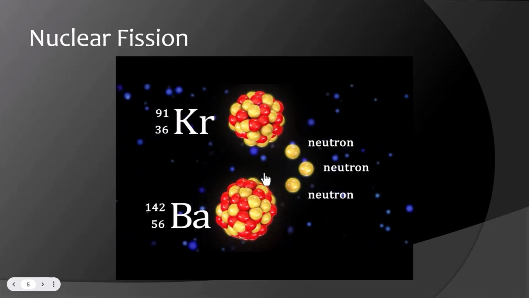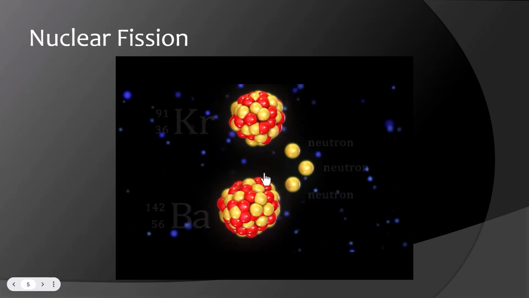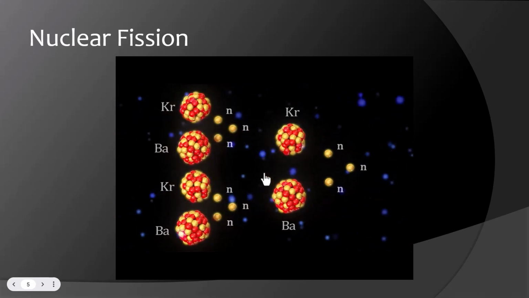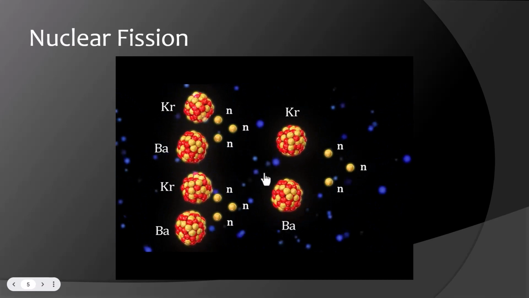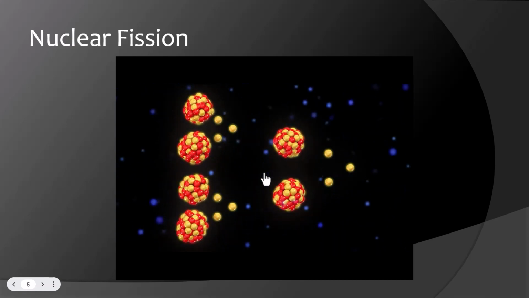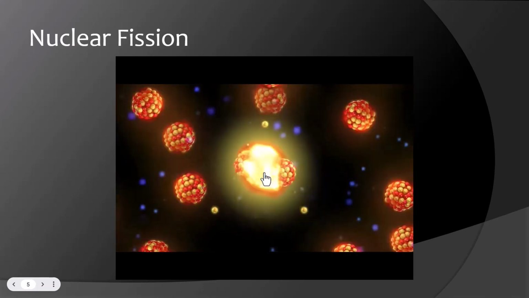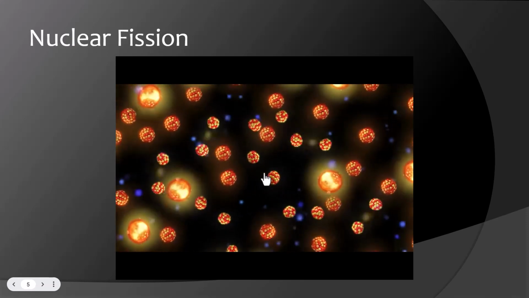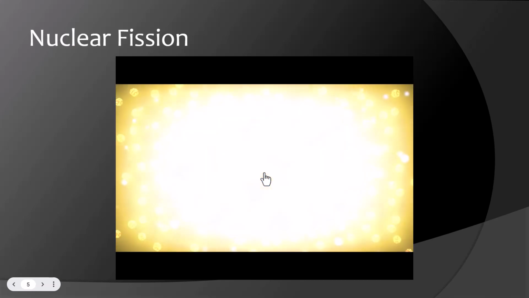The fission event also releases 3 neutrons and energy. The 3 neutrons are capable of initiating more fission events if they encounter a uranium-235 nucleus. If a sufficient or critical mass of uranium-235 is present, the reaction becomes self-sustaining, resulting in the release of a massive amount of energy in the form of heat, light, and ionizing radiation, an atomic explosion.